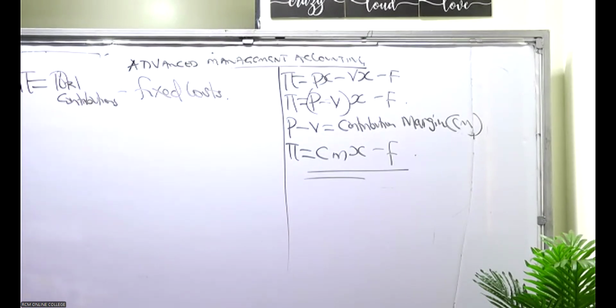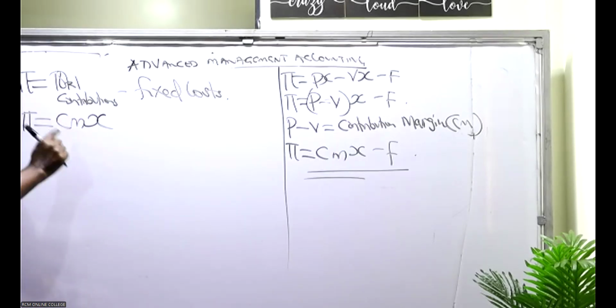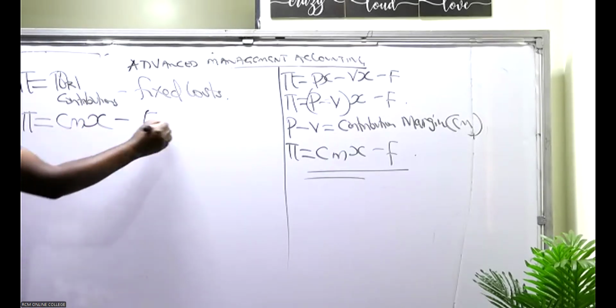Where total contributions, how do we get these? We shall take contribution per unit, which is what we call CM, times the number of units, which are X, minus fixed cost.